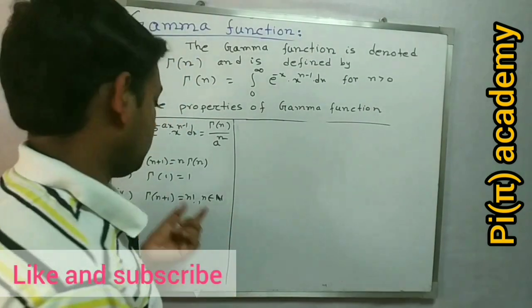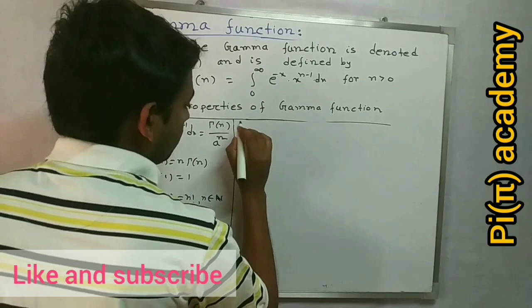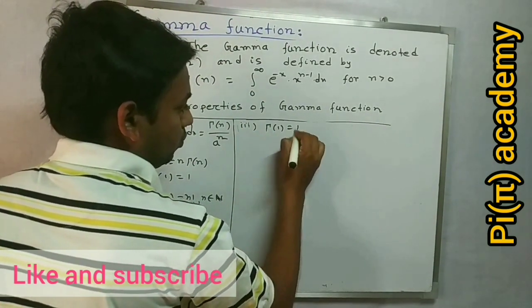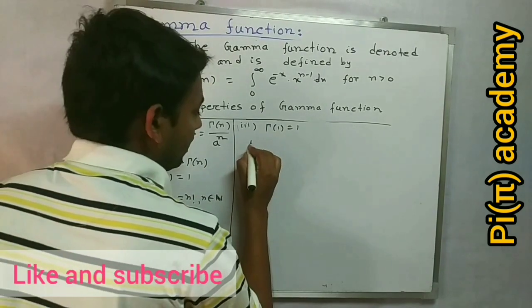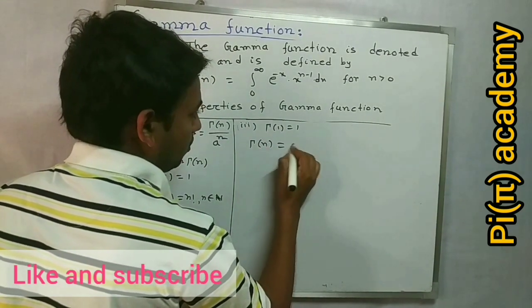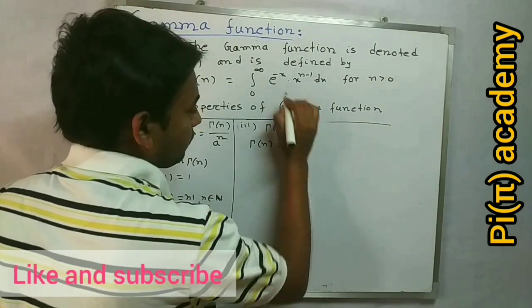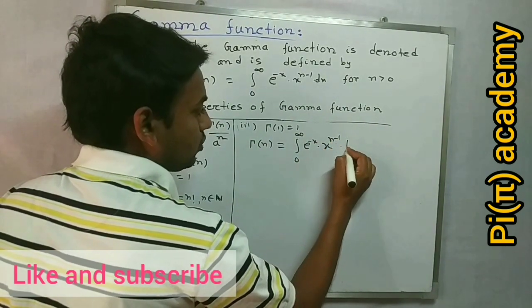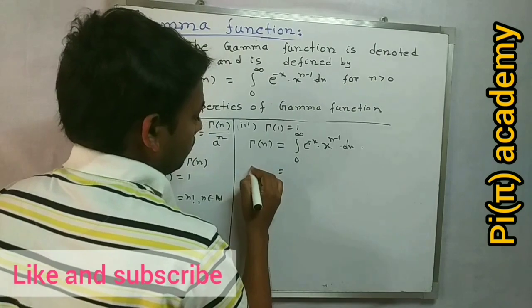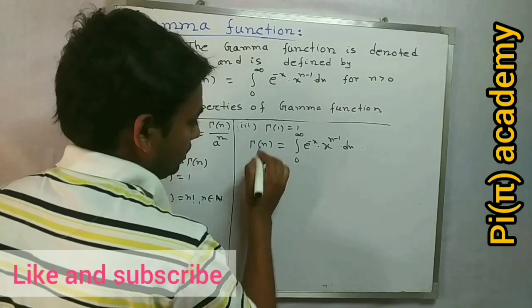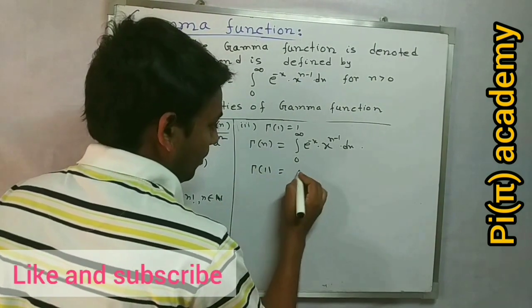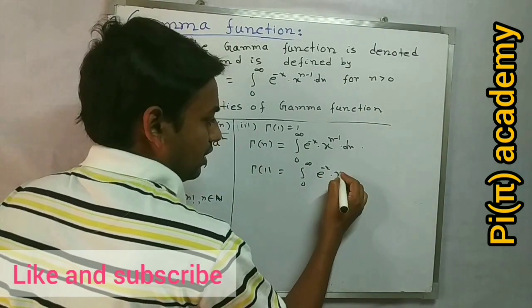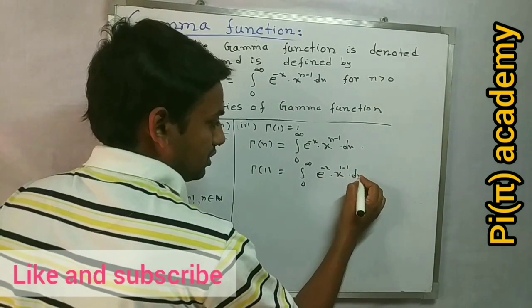Now I prove the third property, that is, we prove gamma 1 equals 1. We know that gamma n equals the integral from 0 to infinity of e to the power minus x, x to the power n minus 1, dx. We put 1 instead of n. Therefore, gamma 1 equals the integral from 0 to infinity of e to the power minus x, x to the power 1 minus 1, dx.